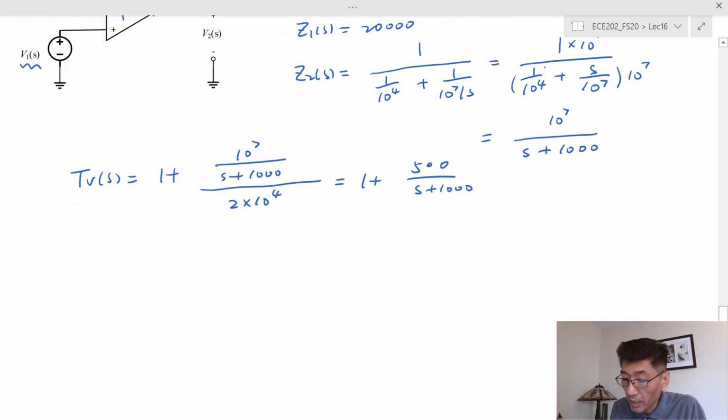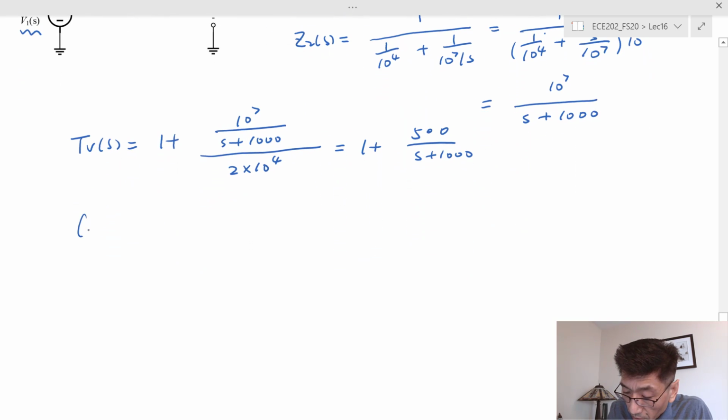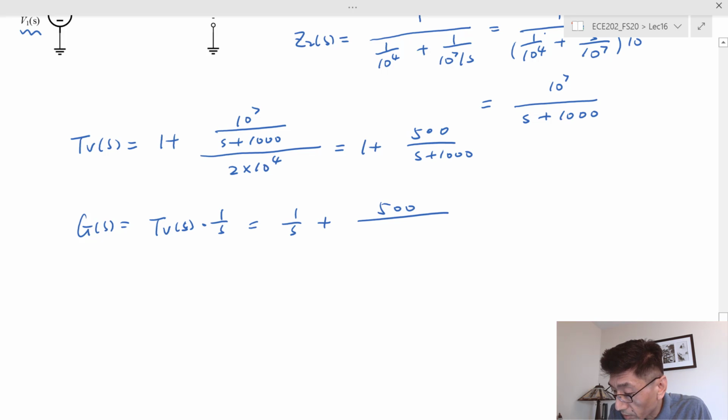So G(s) would be equal to T_V times 1 over s, which is equal to 1 over s plus 500 divided by (s plus 1000) times s. In this case, we need to do the partial fraction expansion of the second term.